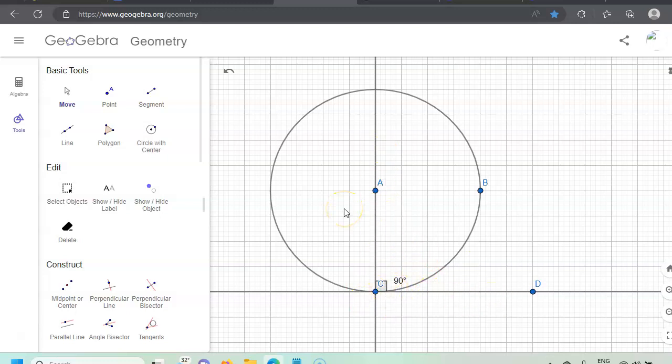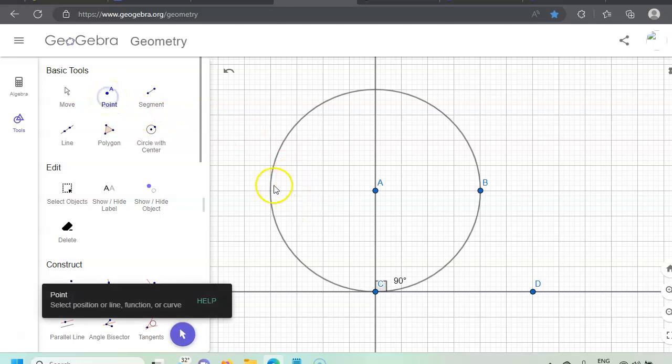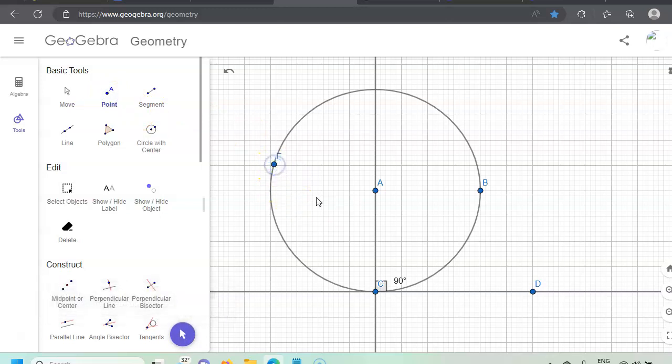So we are now going to create an angle at the alternate segment. To do that, we are going to have a point at the alternate segment, and then we are going to connect that point to the endpoints of the chord. So E will be connected to F, and then E will be connected to C.